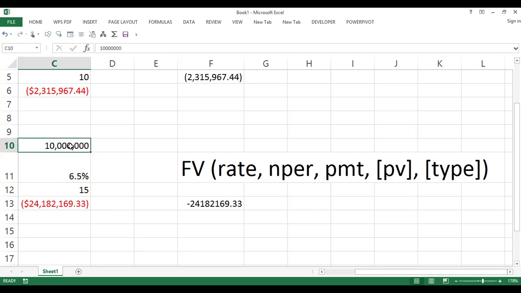There was no initial lump sum value deposited. All you are doing is each year you are dropping 1 million. That's the PMT. There's no PV in this case. All you are specifying is rate, number of periods, payment.